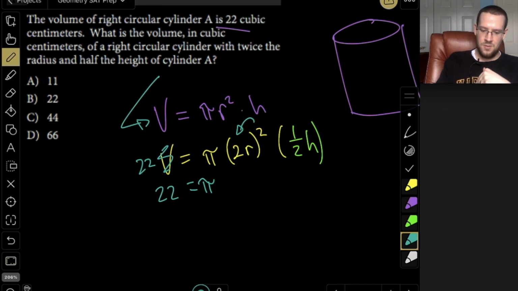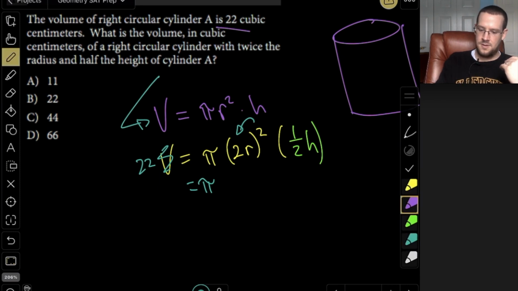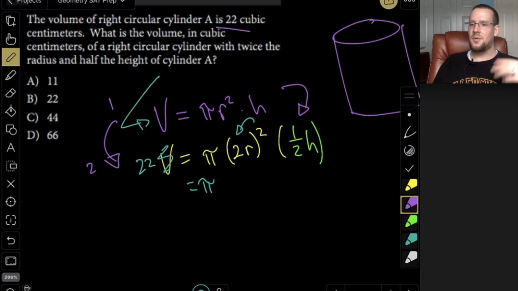So I'm going to leave this blank because we went from step number 1 to step number 2, and what I'm going to do is examine how the values on the right side of the equation changed, and then multiply the left side by that value.